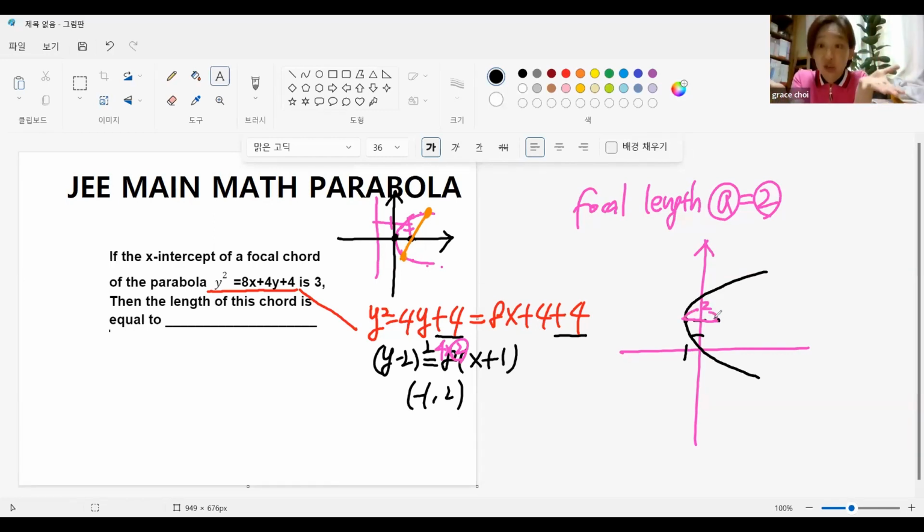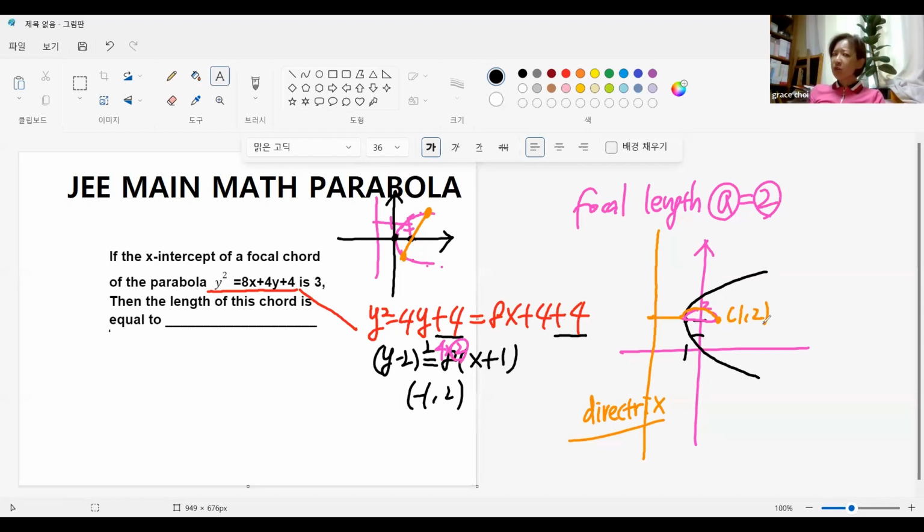Where is the directrix? The directrix is at the same distance on the other side. The vertical line is the directrix. And where is the focus? (1, 2) is the focus.